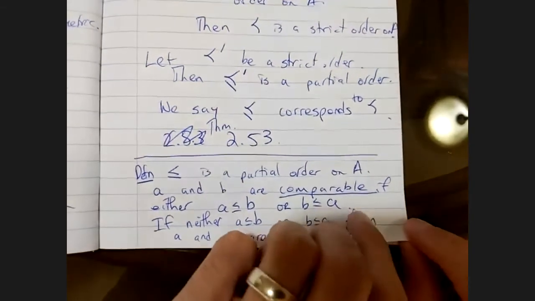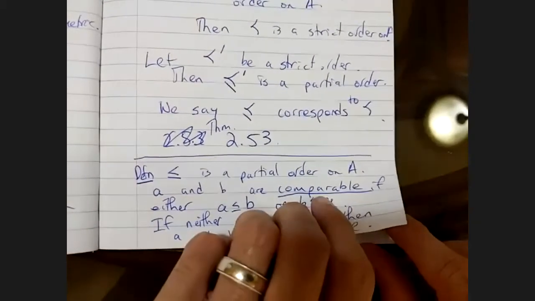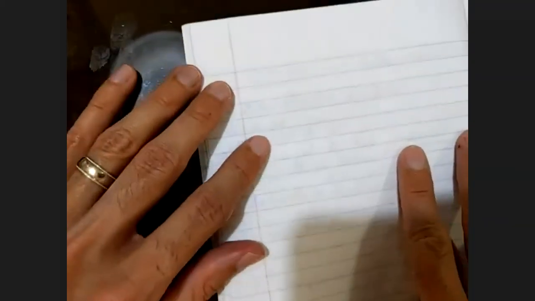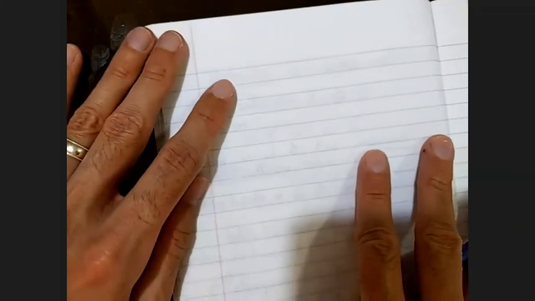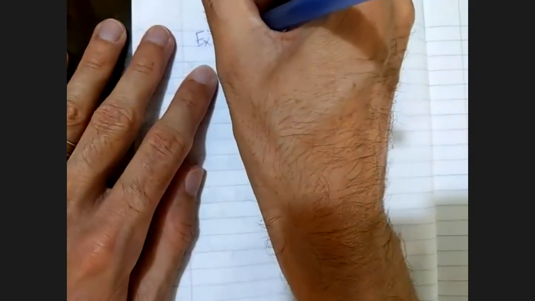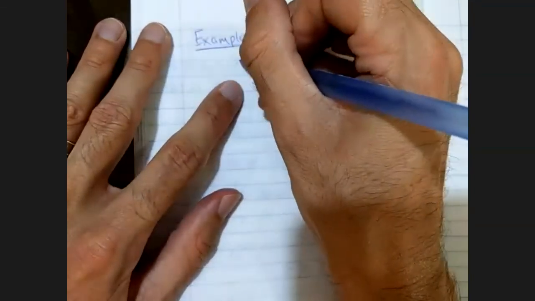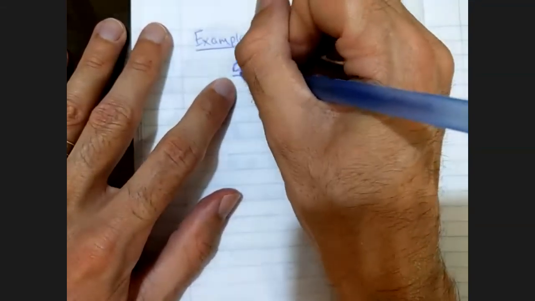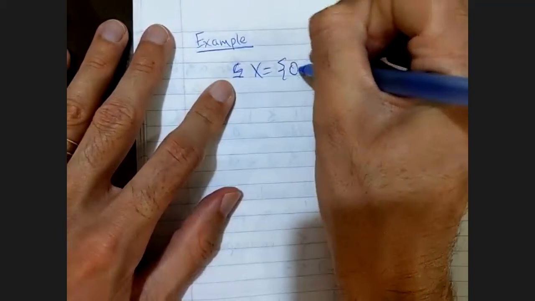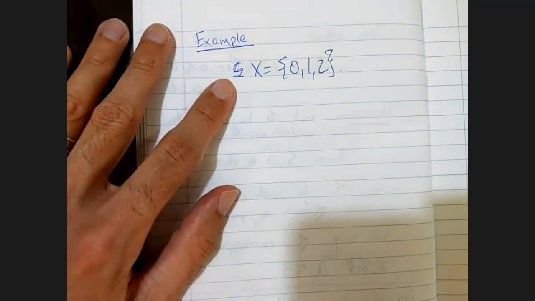So most partial orders have this property where you'll have two elements that are not comparable. As an example, let's look at the subsets of {0, 1, 2}.